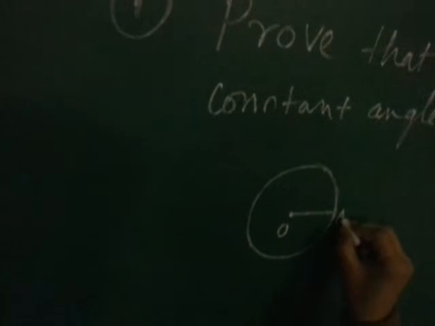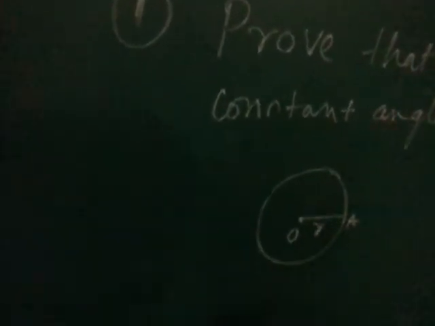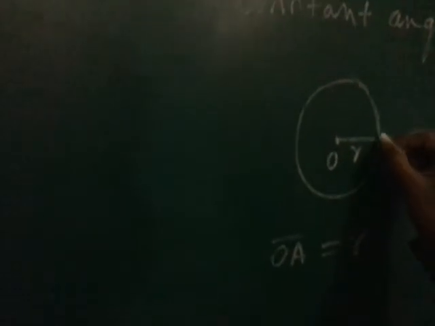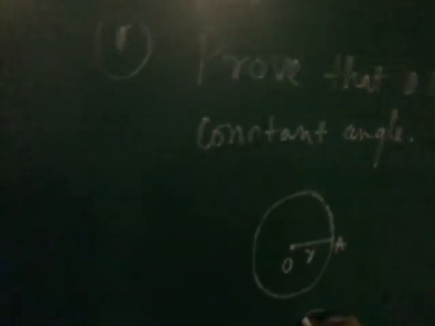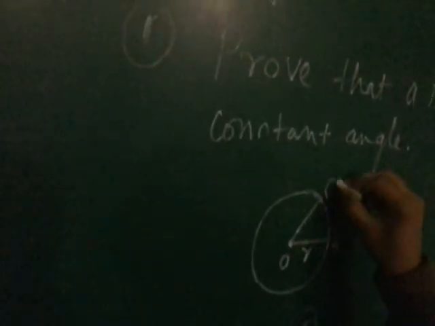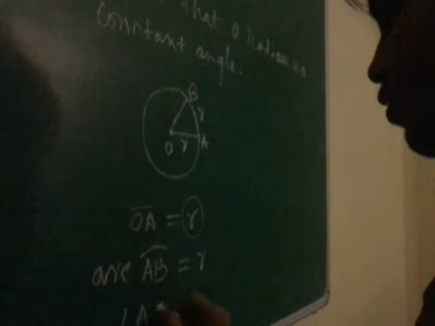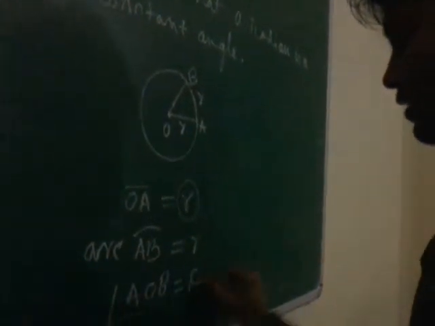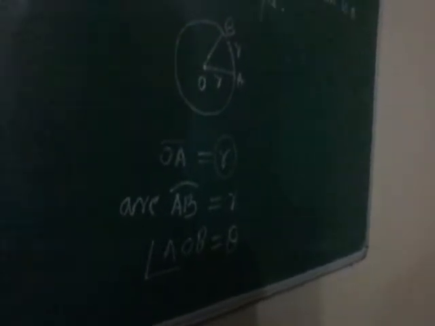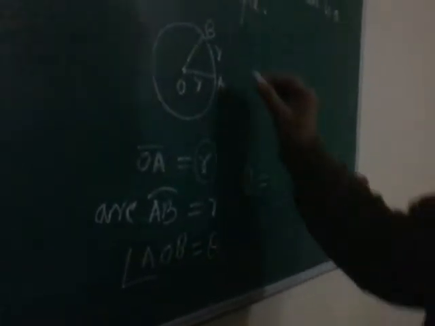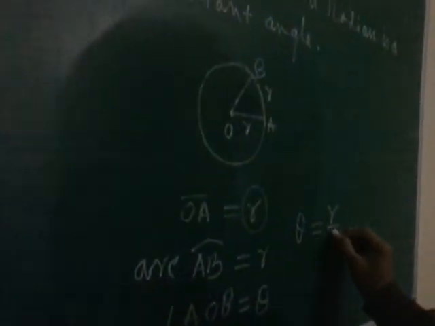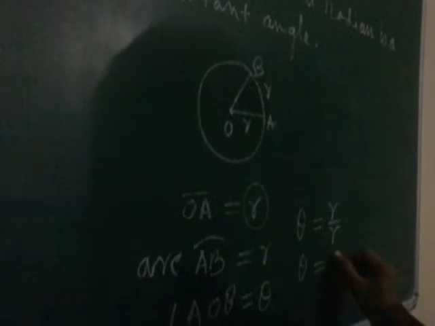OA is the radius, that is R, so OA is equal to R. And we take the arc equal to the radius, arc AB is equal to R also, and angle AOB equals theta. In the previous class we said that theta is equal to L by R, that means R by R. So theta is equal to 1 radian.